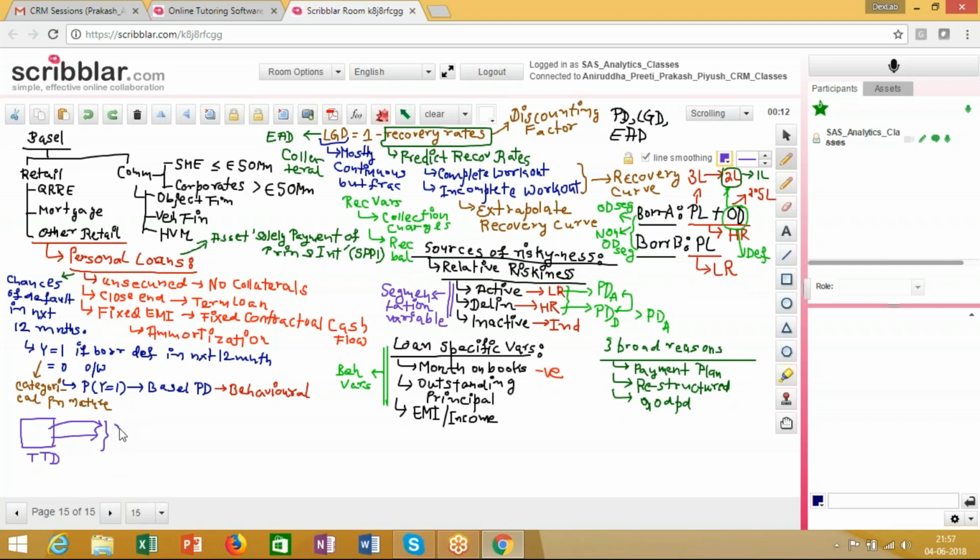What the bank tries to understand over here is that y equals 1 if the borrower is good.